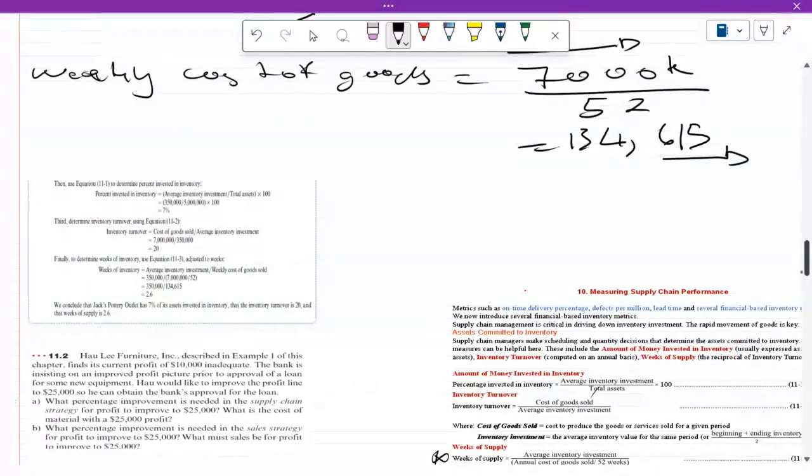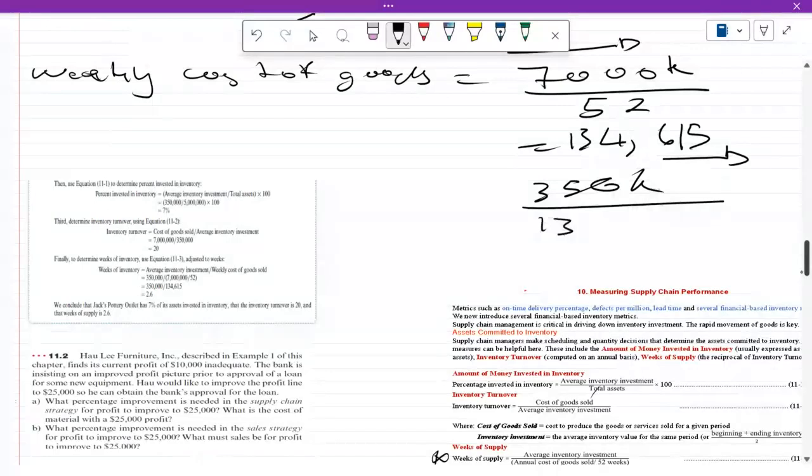Which is average, 350K over, what was my thing? 134.615, which is equal to, yes, that's correct.